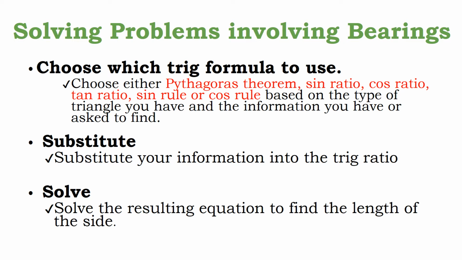Based on the type of triangle we have and the information that we will need to handle, we will be asked to determine which of these will be best suited to answer that question. And then we go ahead and substitute our information to simplify our approach, and then we go ahead and solve, especially in the case of an equation. So in this particular case, we're going to solve to find the length of a side or the size of an angle. So stick around.